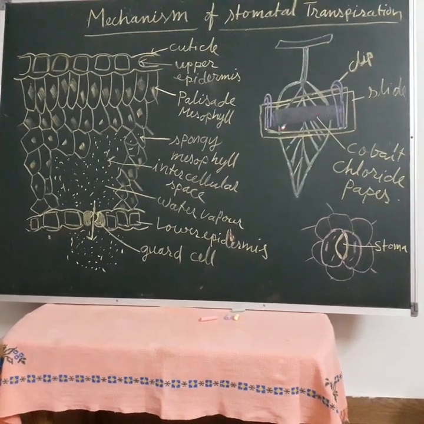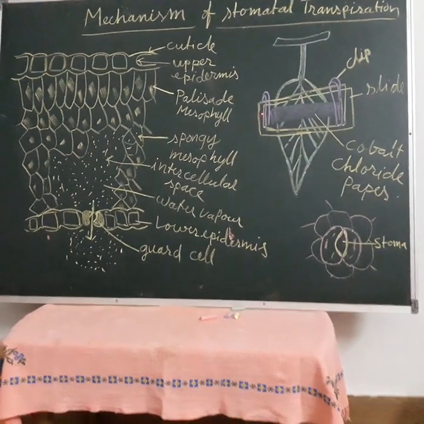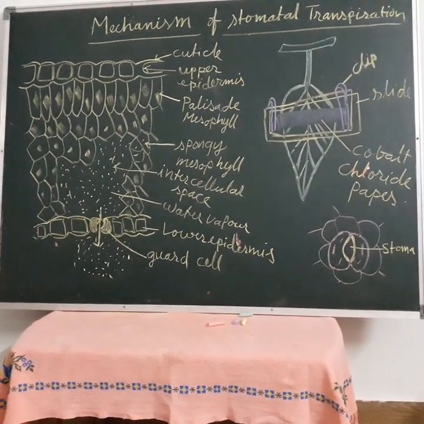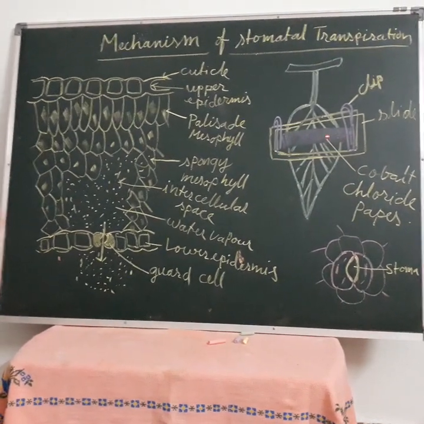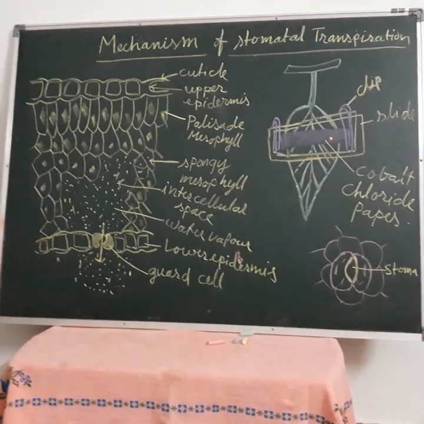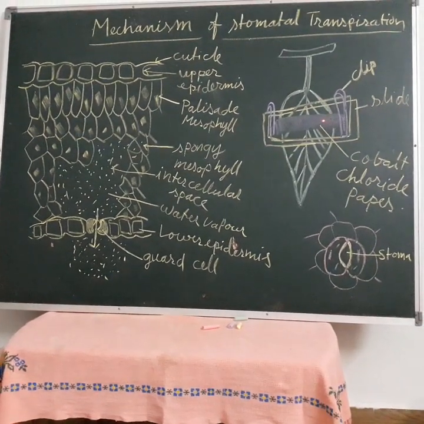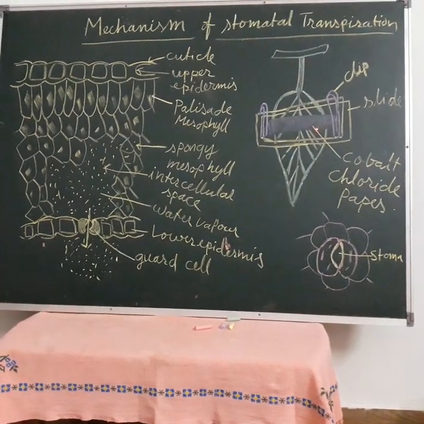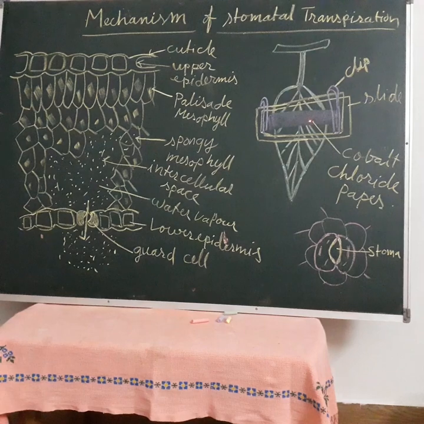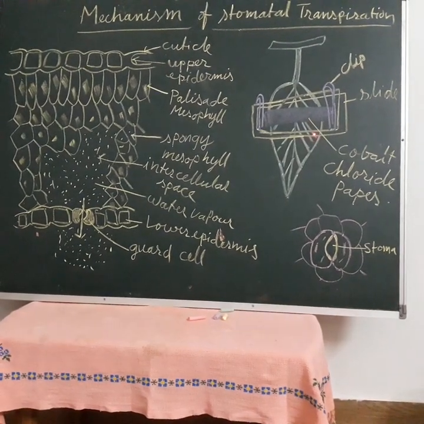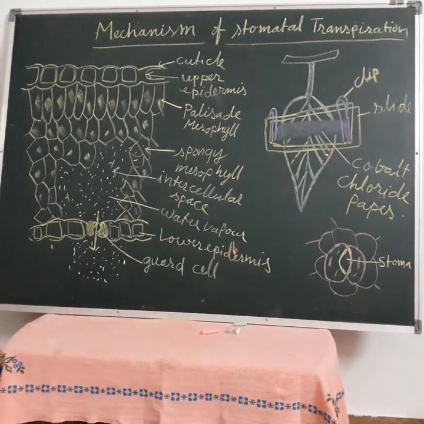Soon we can see that the lower surface of the leaf, which has the cobalt chloride paper, turns pink, and the upper one does not change, or it takes a lot of time to change. This shows from which side of the leaf more transpiration takes place. Obviously that is the lower surface, because the cobalt chloride paper turned pink first, and that shows that more transpiration takes place from the lower surface of the leaf.